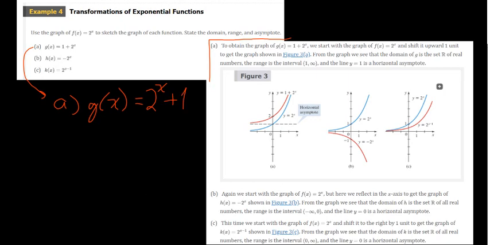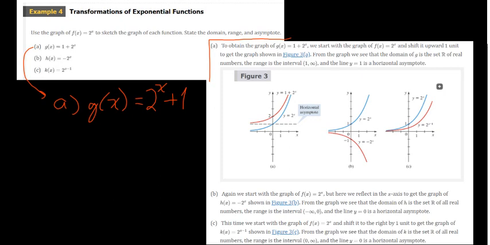Since we are adding 1 to the parent function, we're going to shift it up 1 unit. That's what we see over here. The blue line is my parent function, and all we're doing is shifting it up 1 unit. Again, the same rules that we saw in chapter 3. We take our landmark at 0, 1, and shift it up 1 unit. And that's that.